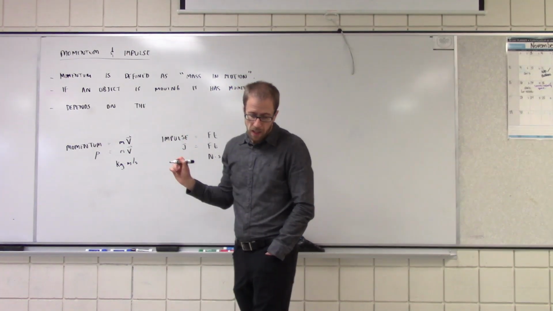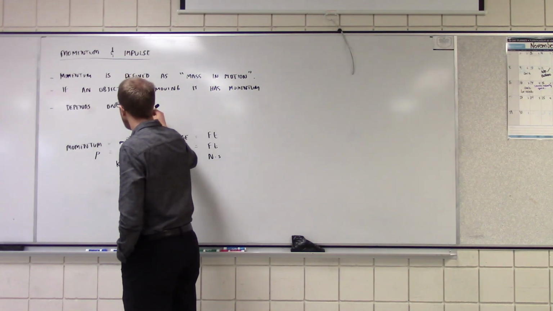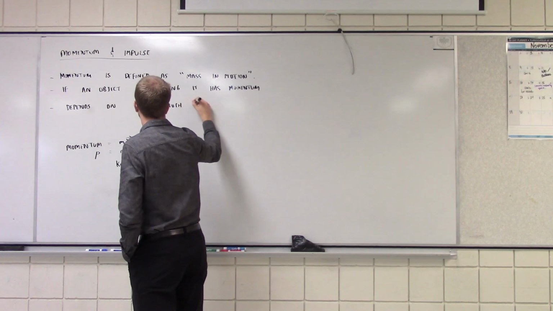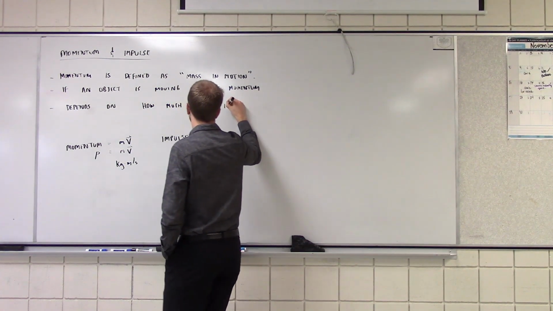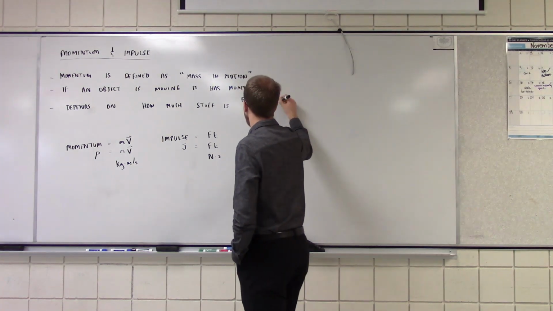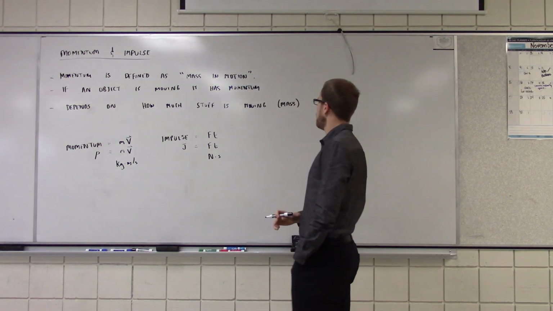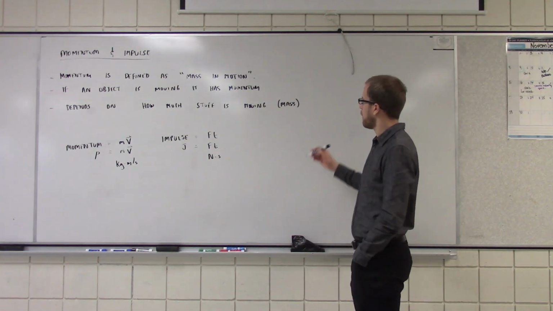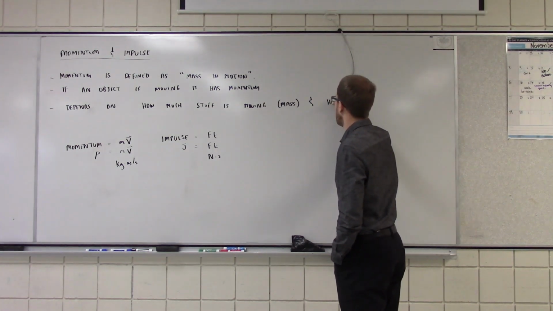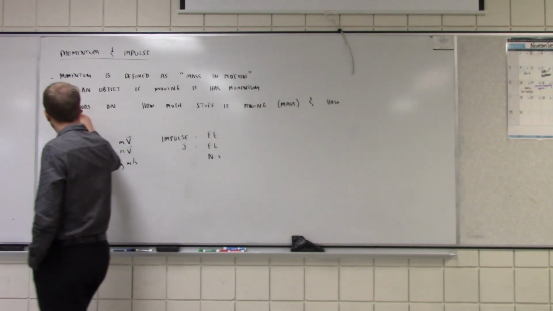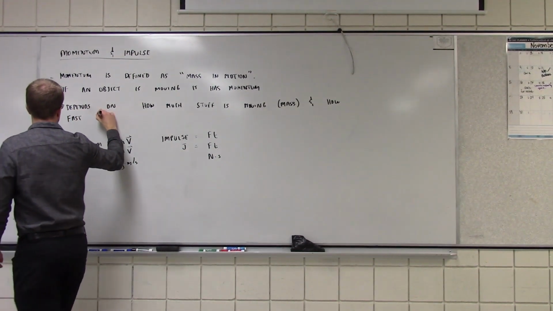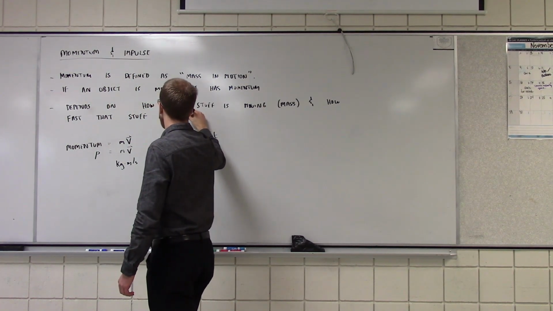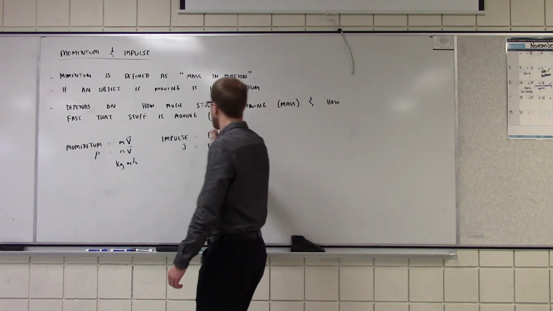It depends on how much stuff is moving, and we call that mass, right? How much stuff is moving, and how fast that stuff is moving, which we call velocity.